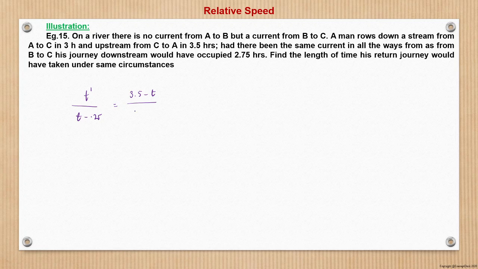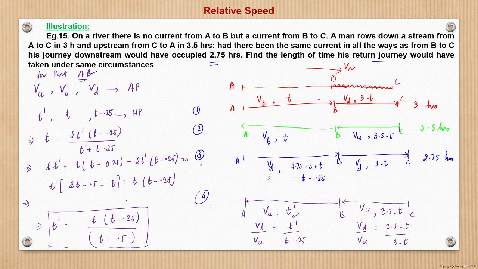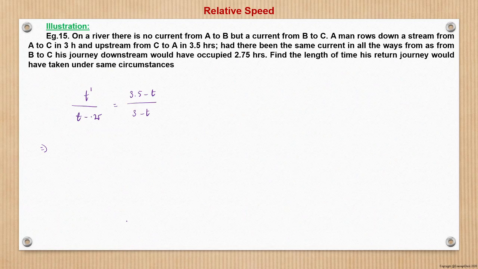And then t dash value I will substitute. T dash I had got as t into t minus 0.25 upon t minus 0.5. So this I will substitute: t into t minus 0.25 upon t minus 0.5, and into this t minus 0.25. This will get cancelled out, and this is equal to 3.5 minus t upon 3 minus t.